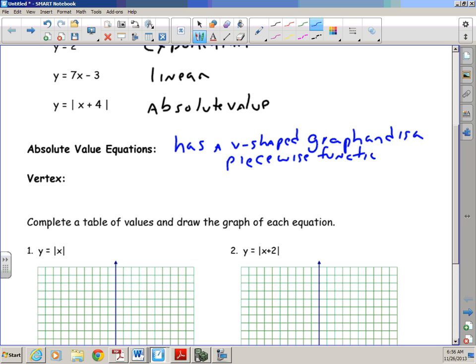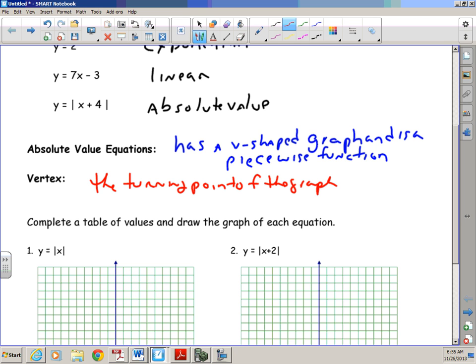We talked about piecewise functions earlier in this unit, and when you see the graphs, I'll make that point again. The vertex is the turning point of the graph. And again, you'll see what that is pretty easily.